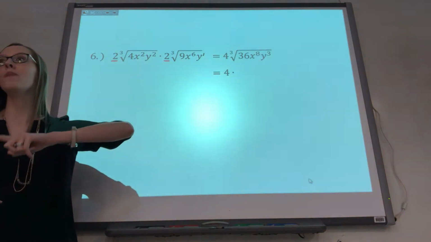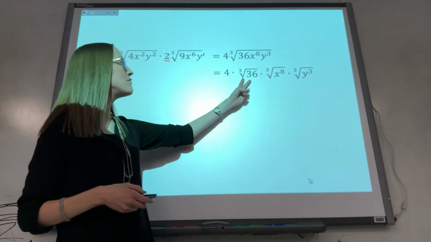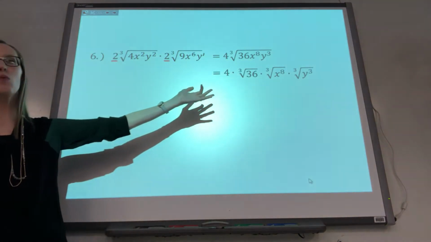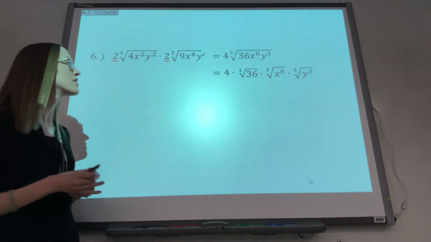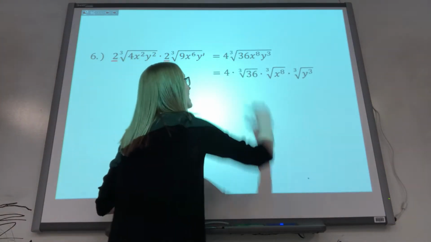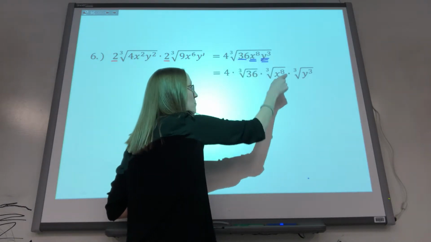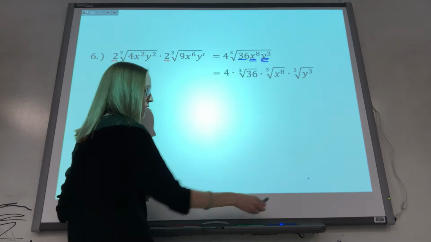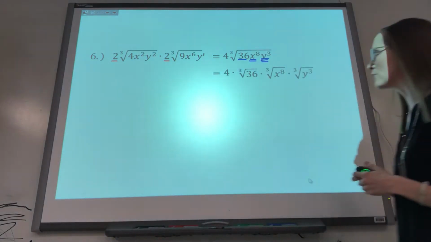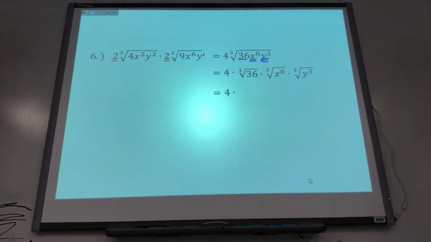Be careful, it's a cube root. So cube root of 36 is not going to work out real nice. We'll see if there's anything we can do to that. I'm just breaking all of that apart. Then I've got cube root of x to the 8th, cube root of y cubed. Okay, well, 4, still there in front. Now I'm thinking of cube roots.